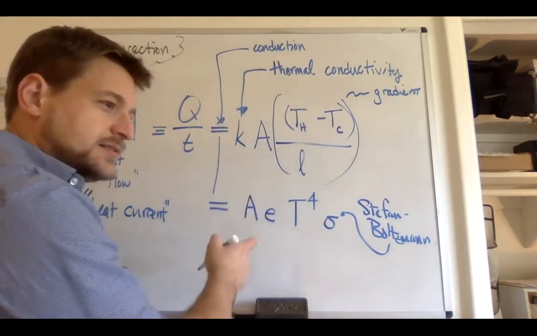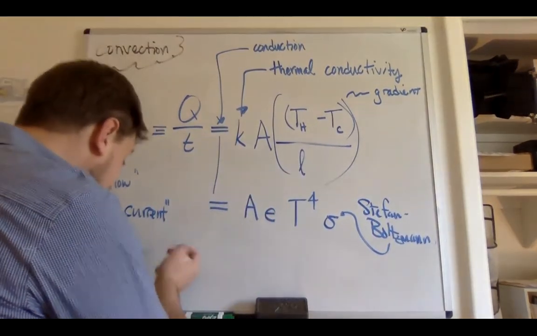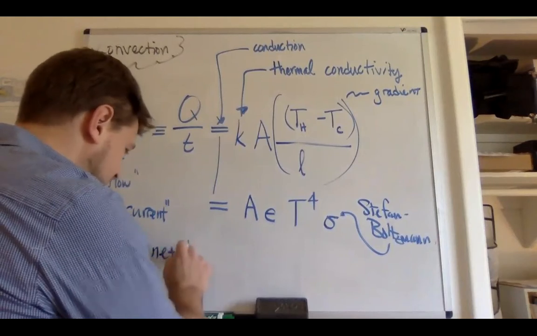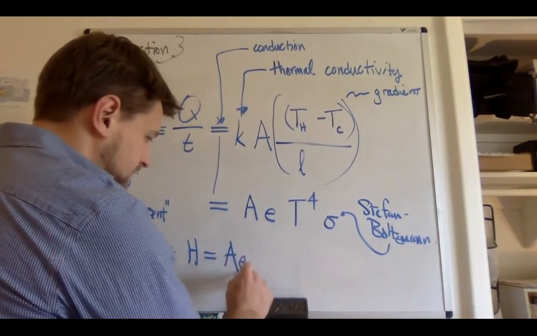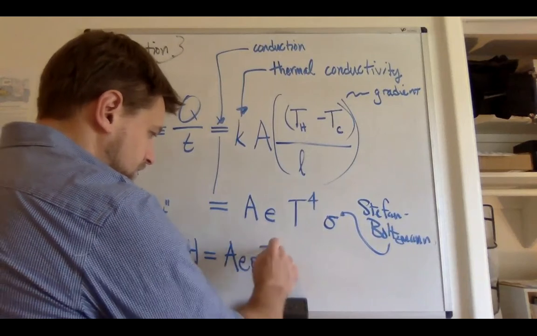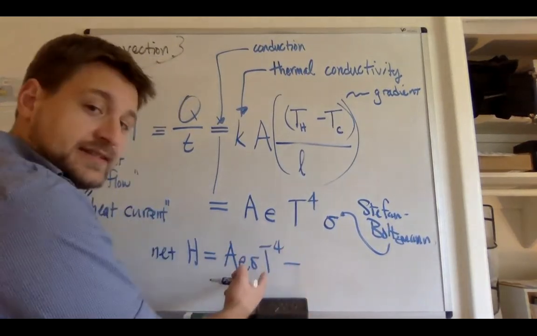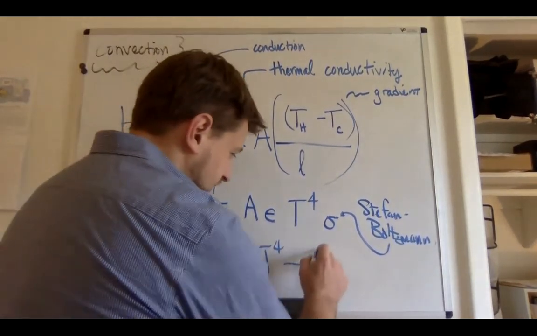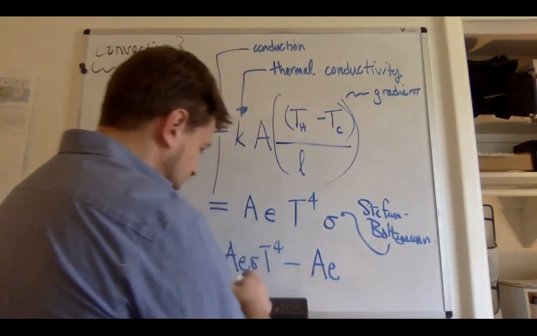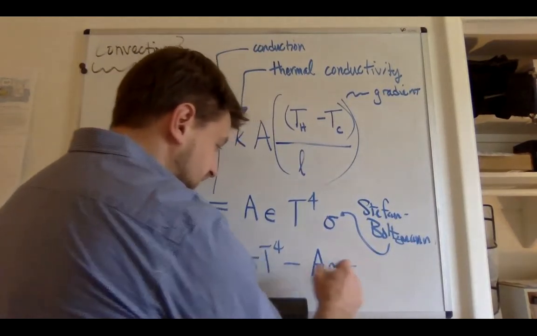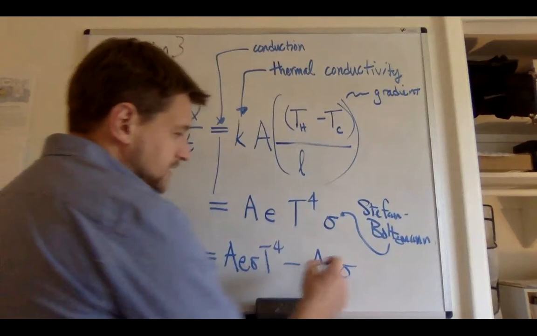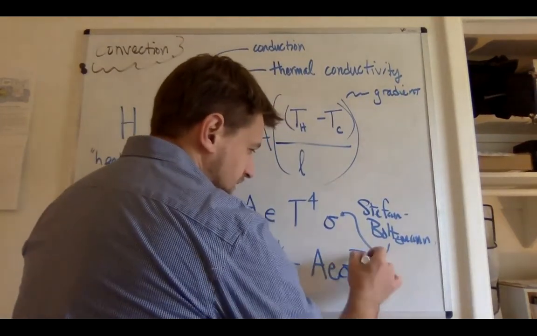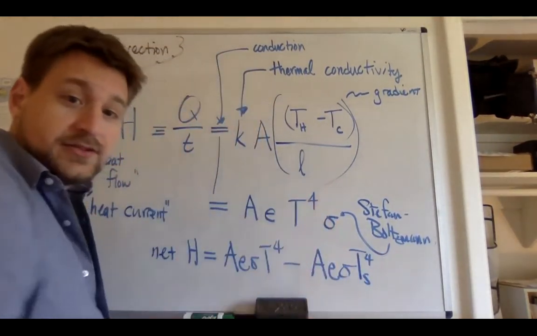We can leave it there. But the net heat current, I'm just going to put net H. The object at some temperature, and how is it absorbing with the same parameter emissivity? It's also like absorptivity, the temperature of its surroundings, still to the fourth power.